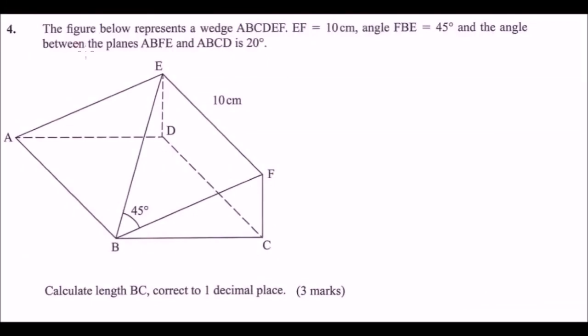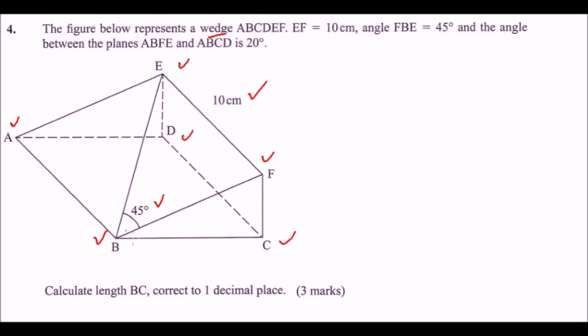So this is Mathematics 2018 KCSE Paper 2. We are given a figure here. We are told it's a wedge, named A, B, C, D, E, and F. We are told EF is 10, angle FB is 45, and the angle between the plane ABFE and ABCD is 20.